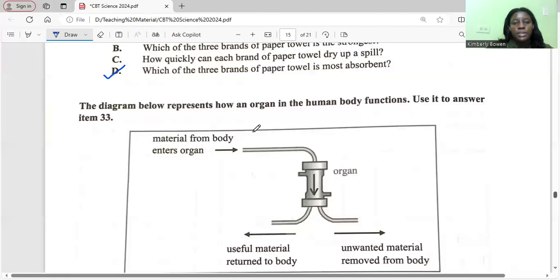Yes, we did this already. The organ that is represented here is the kidney. This diagram represents the human body functions of the kidney.